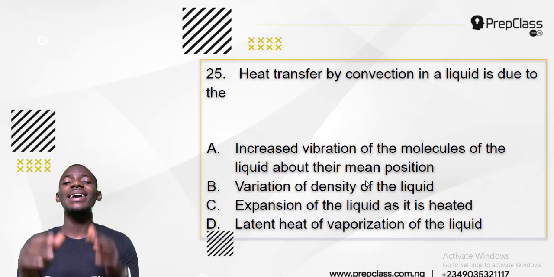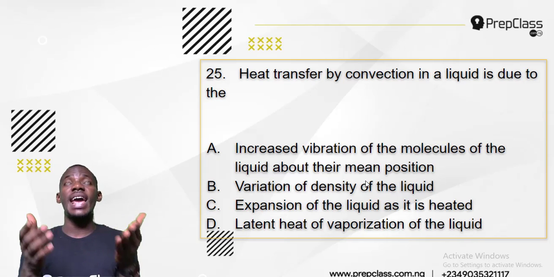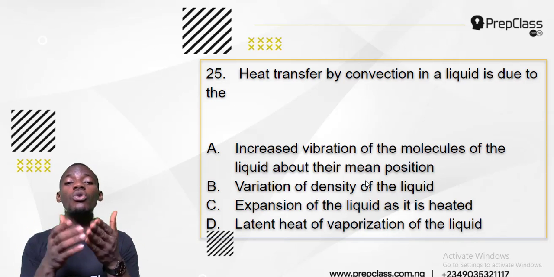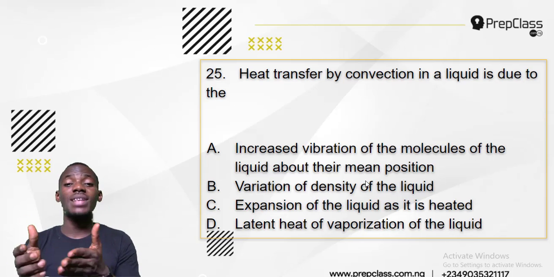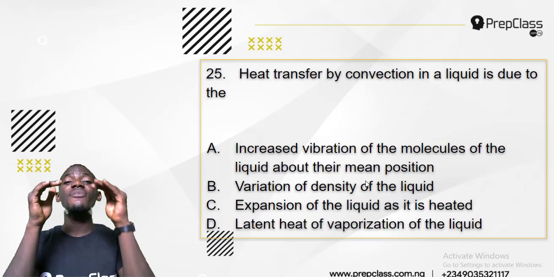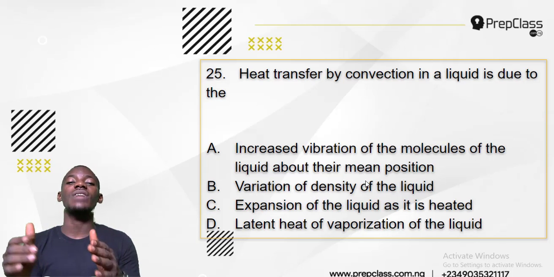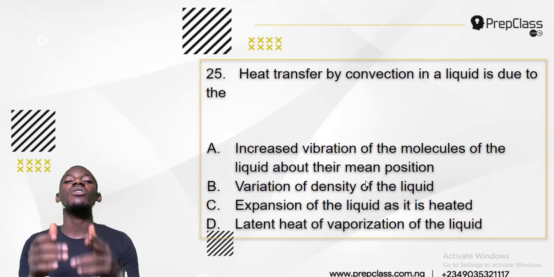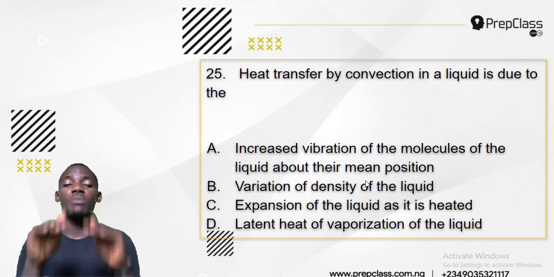As the water gets hot below, the hot one gets lighter, like even air: hot air is lighter, cold air is heavier. So the hot water is lighter, it will be forced to go up, while the heavier cold one will be forced to come down. And when it comes down, it gets hot, and it becomes hotter than the one on top, so it goes up, and the one on top, which was hot before, now cool, will come down to get hot.